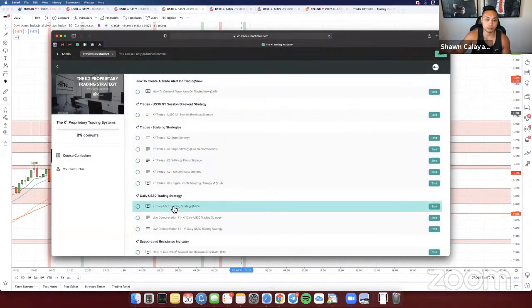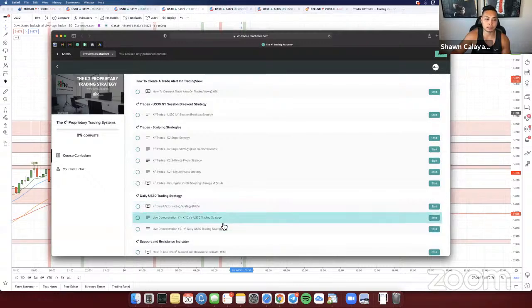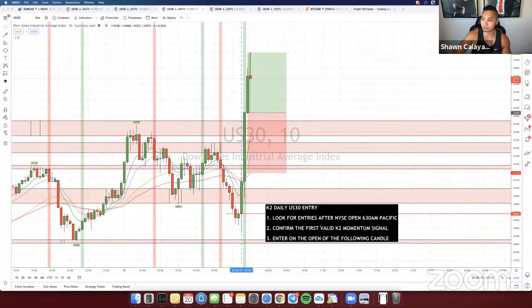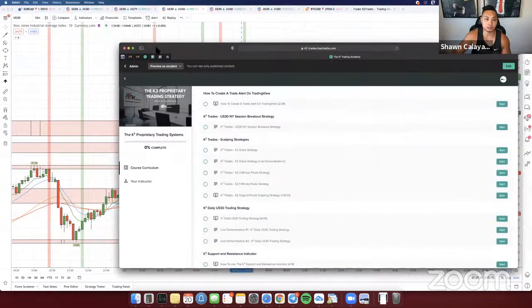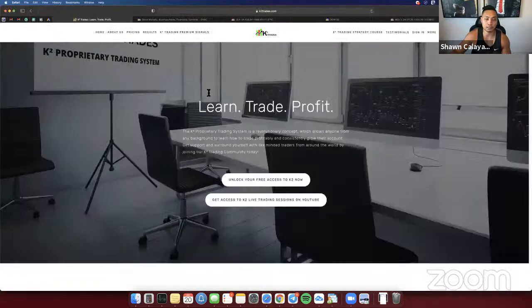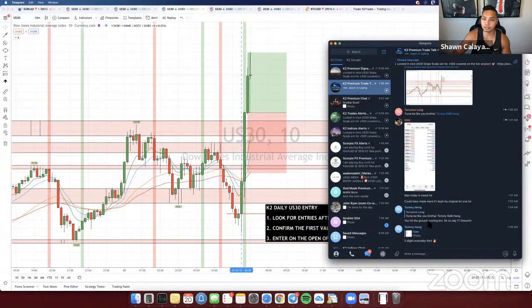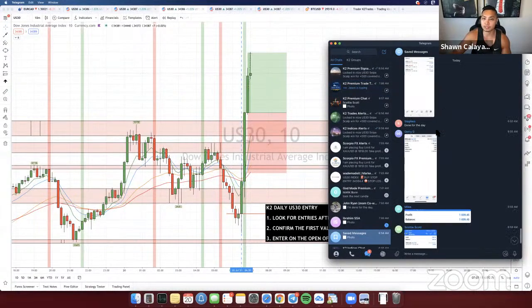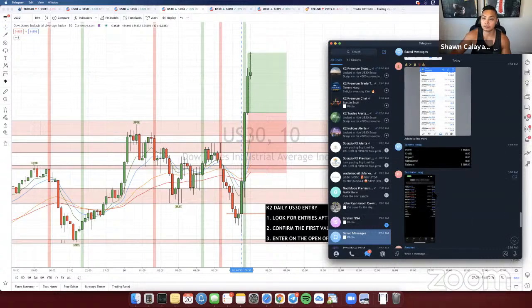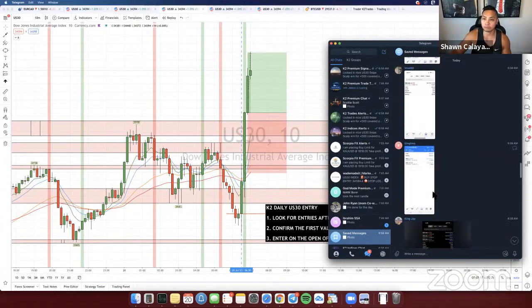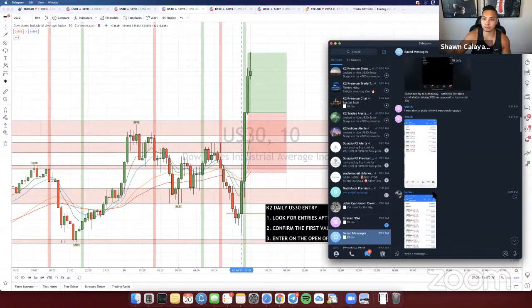It's the K2 daily US 30 trading strategy. Everything is here on the course, guys. If you sign up, you can learn pretty much all the strategies that everyone's applying all day. That's pretty much how everyone over here is making all these profits. These are all the profits made in K2, and the timestamps are from this morning. All these people are applying the same strategies that are taught in the course.